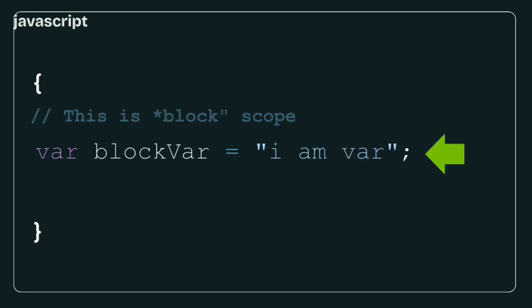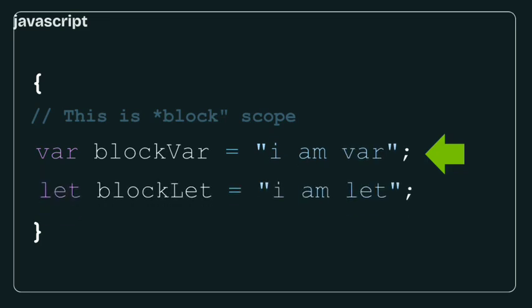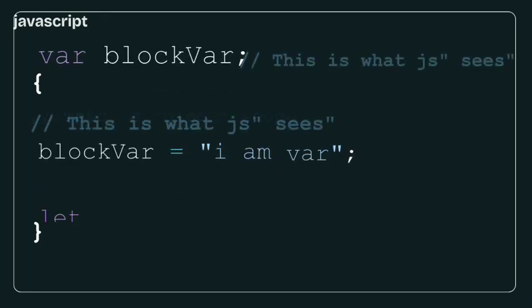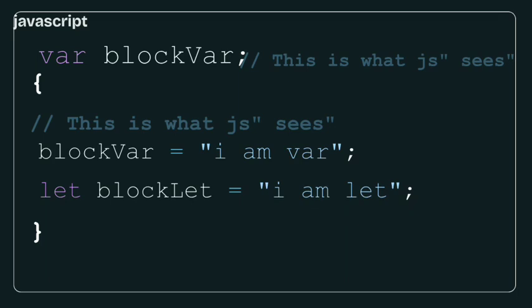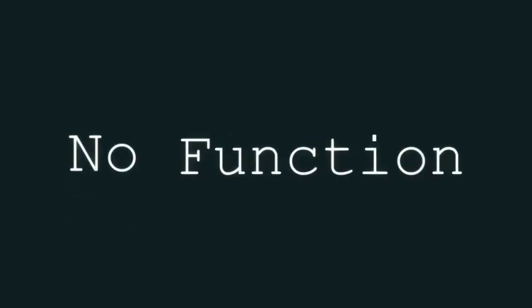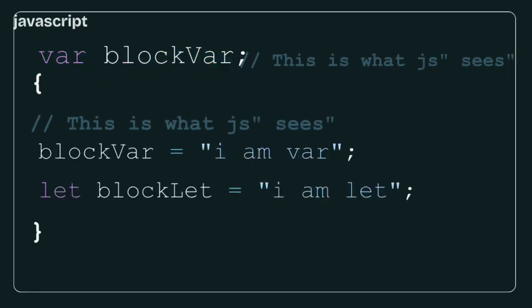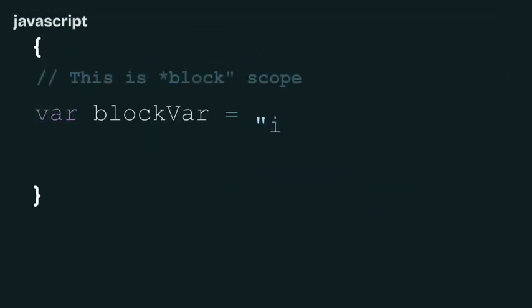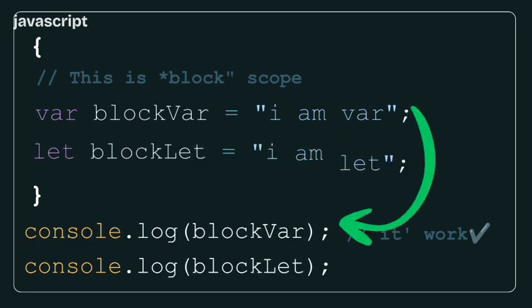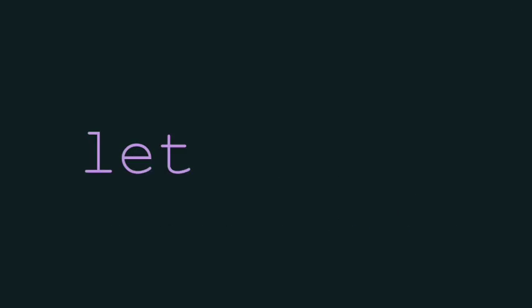Even though you declare a variable with var inside a block, JavaScript sees it at the top of the function. In case there is no function like in our example, then JavaScript sees the var declaration at the top of the global scope. It is only because of this behavior that we can use var even outside the block. But today developers prefer to use let or const because it is much safer.